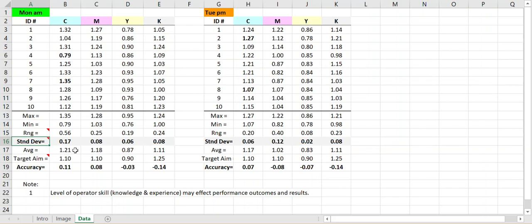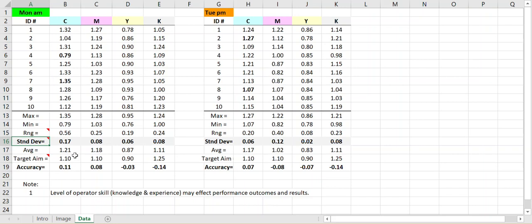So now that I have the average of 121 for the cyan, an average of 118 for the magenta, an average of 87 for the yellow, and an average of 111 for the black, we can compare those against the target aims. But realize that these target aims are for wet densities, not dry densities. So once I know what my target aim is, and once I know what my average is, I can compare those, find a difference, subtract them, and that difference is my accuracy.